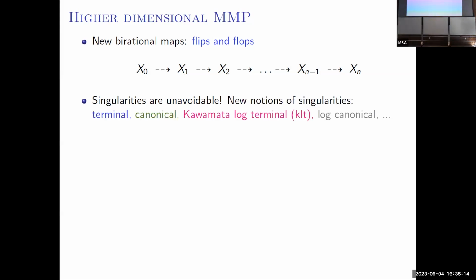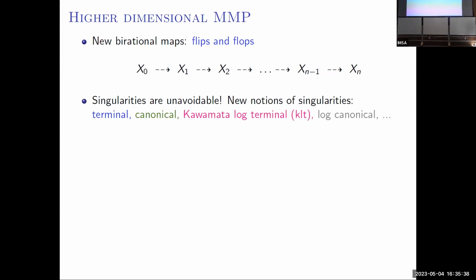And this led to some new notions of singularities. So these are called singularities of the minimal model program. So there is a bunch of different notions: terminal, canonical, Kawamata log terminal, which is usually called KLT, and so on. And this took some decades for people to come up with the right definitions.